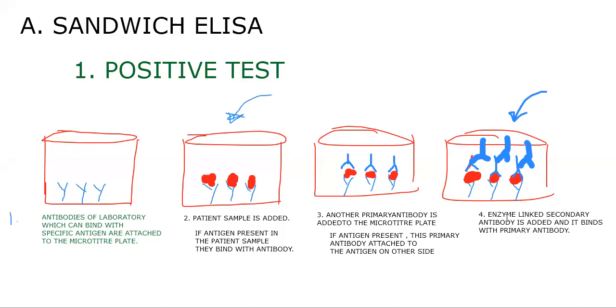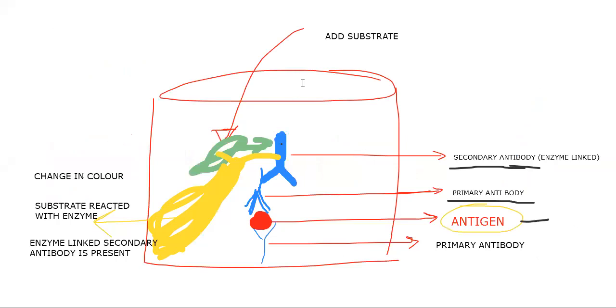Then the fourth one, enzyme linked secondary antibody. This enzyme linked secondary antibody is added and it binds with the primary antibody. Now you add substrate. When we add substrate, the substrate will bind with the enzyme on the enzyme linked secondary antibody, which makes a change in the color.